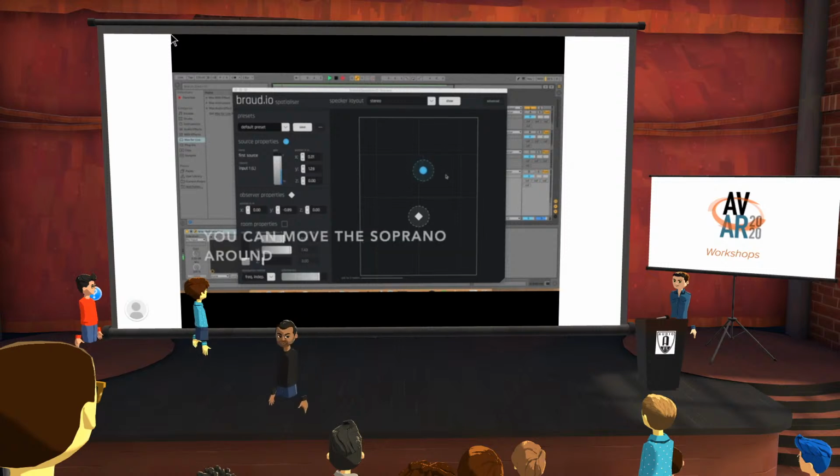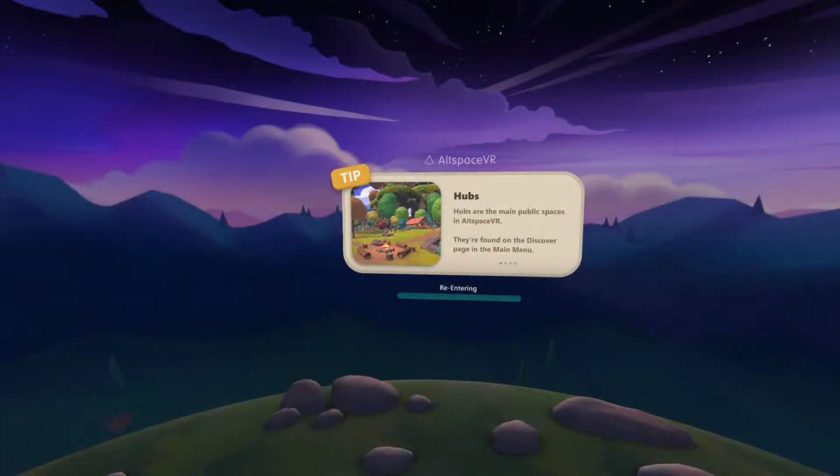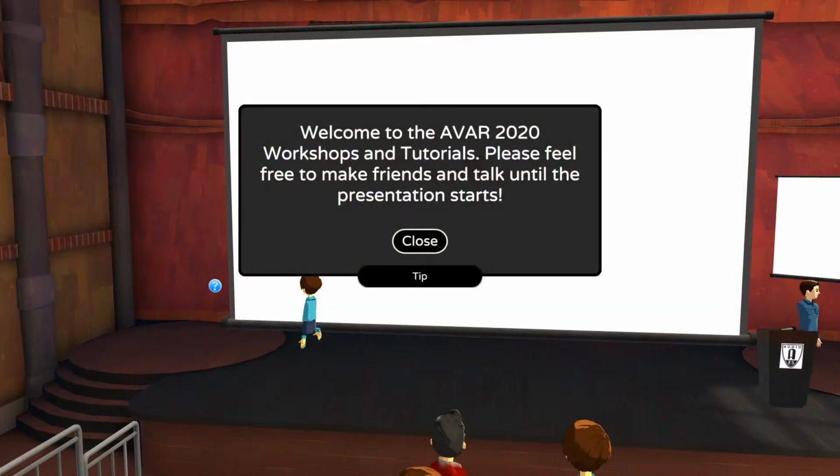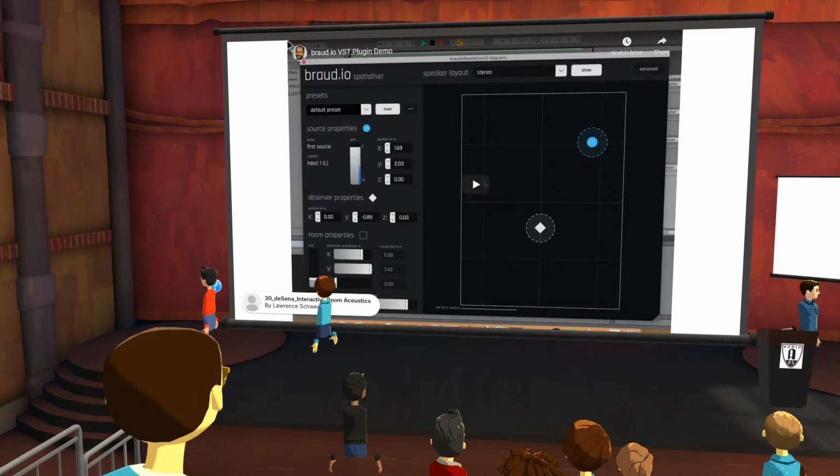So again, you have the blue dot here represents the soprano, and I'm not entirely sure what happened.